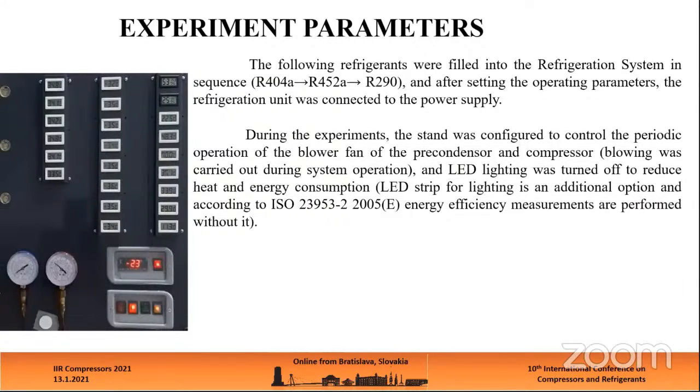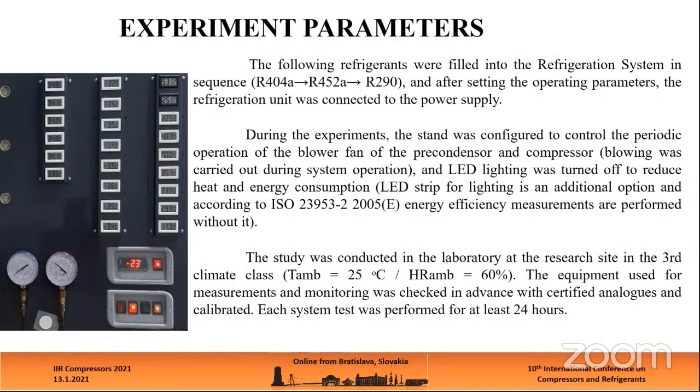Blowing was carried out during system operation, and LED lighting was turned off to reduce heat and energy consumption. LED strip for lighting is an additional option, and according to ISO 23953-2:2005, energy efficiency measurements are performed without it.